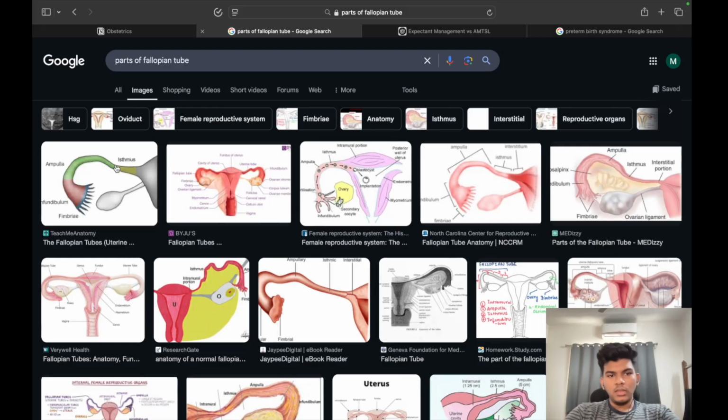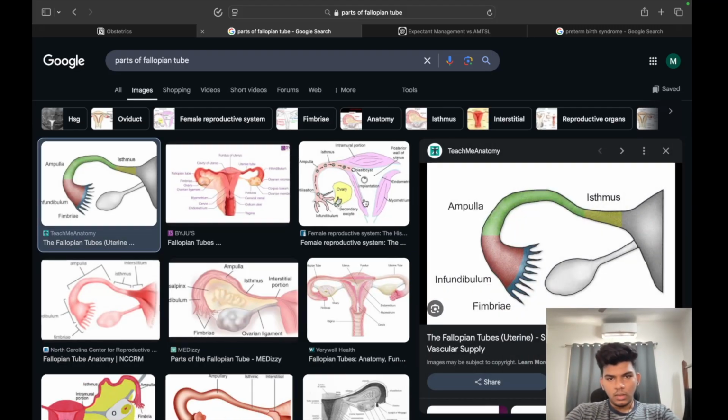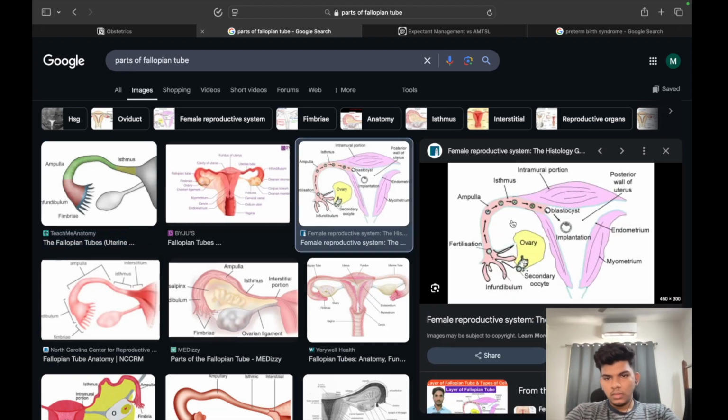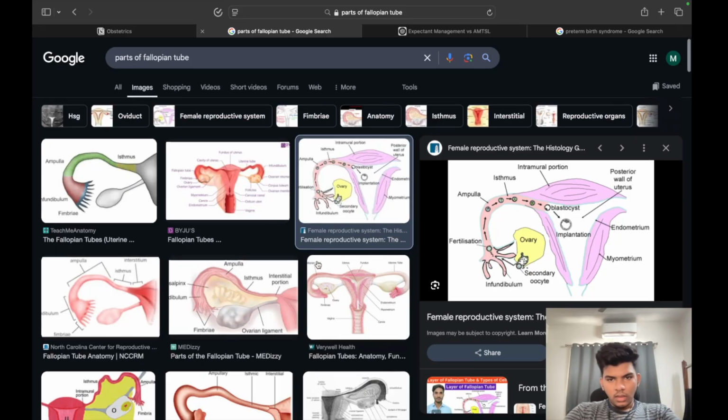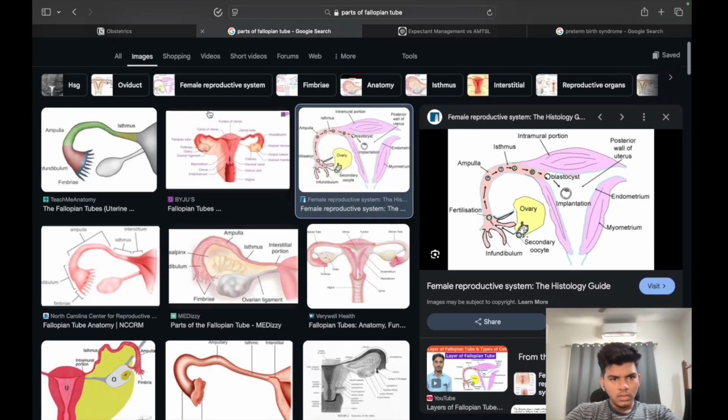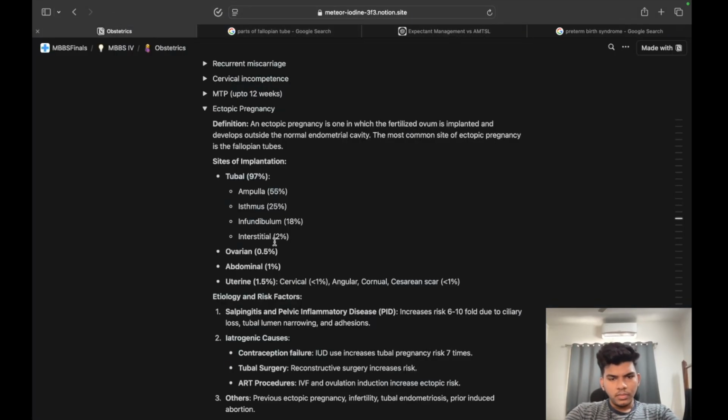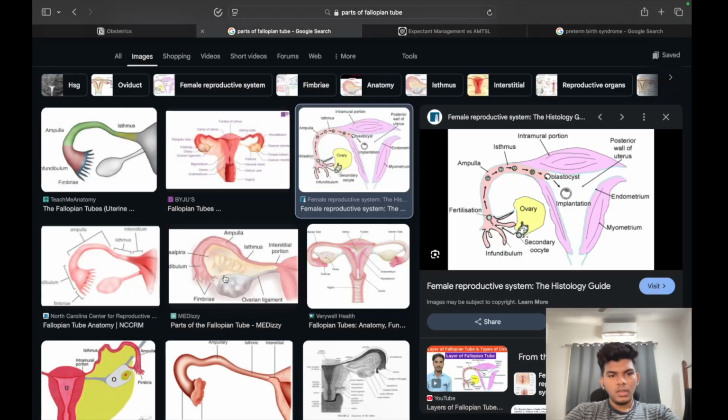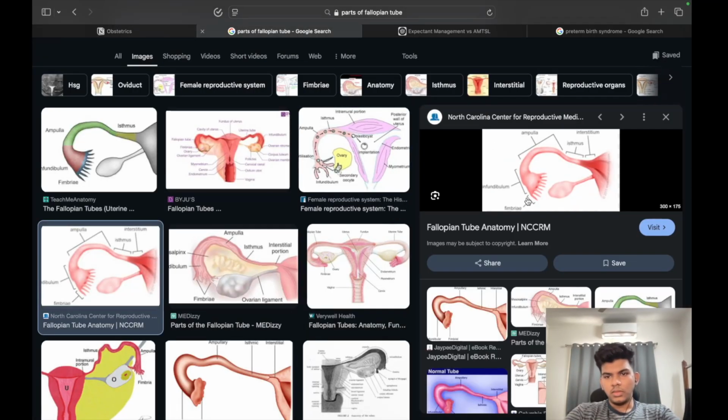So here you can see the ampulla, isthmus, infundibulum and interstitium.